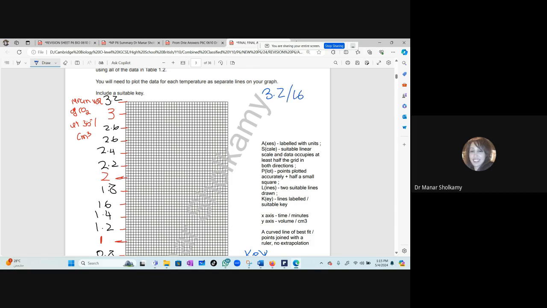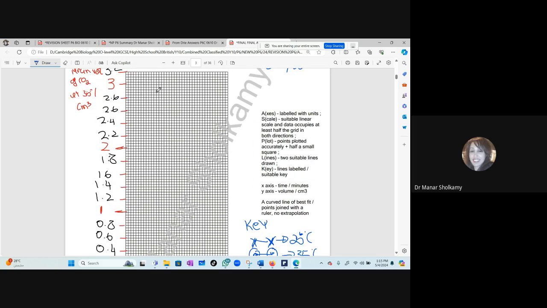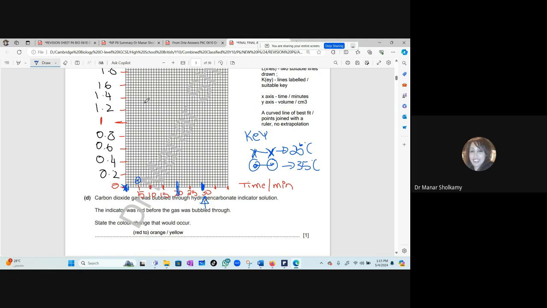If I get my calculator and I divide 3.2 divided by 16, every box will give me a value of 0.2. Perfect. So I'm going to go to my y-axis and every box of 5 will be 0.2, 0.4, 0.6.